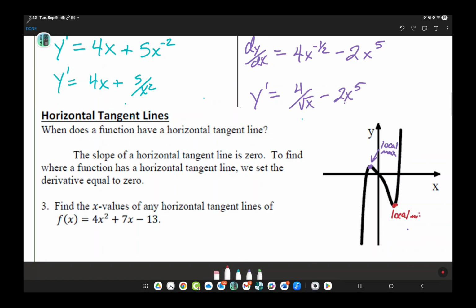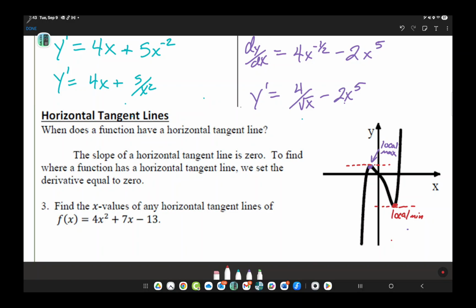local minimum. What is the slope of the tangent line for both of those? If I were to draw a tangent line there, what would it look like? Yeah, they'd be horizontal lines. And in order to have a slope that is a horizontal line, what would the slope's value be? 0.